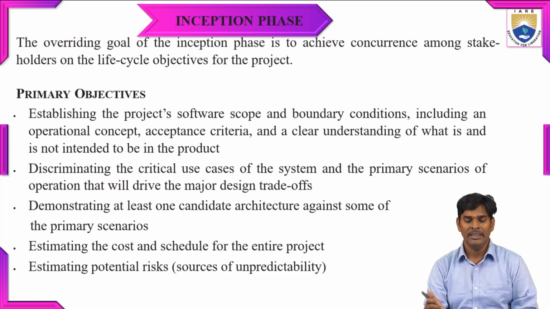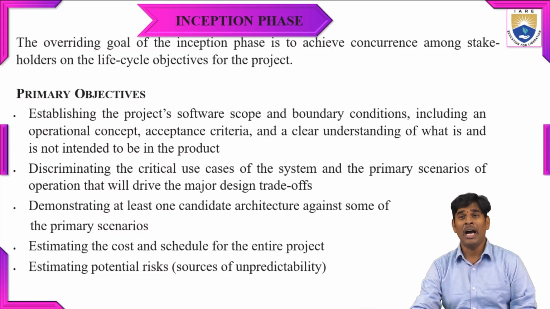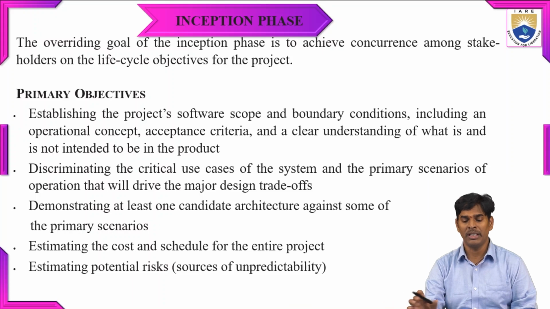So the primary objective of the inception phase is that they need to have a clear idea about the project software scope and what the boundary conditions are. Within the boundary conditions, they need to check what different types of operations they need to allow, whether there is any criteria to accept the data, and have a clear understanding in the initial stage only.